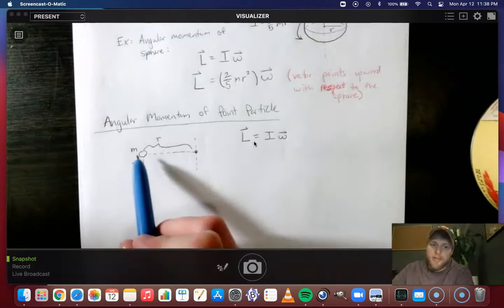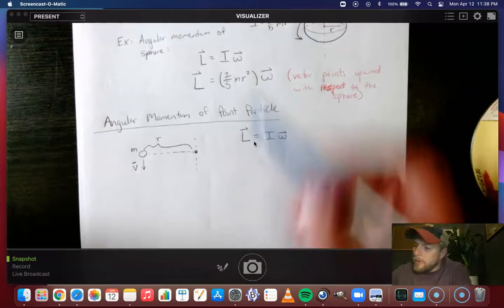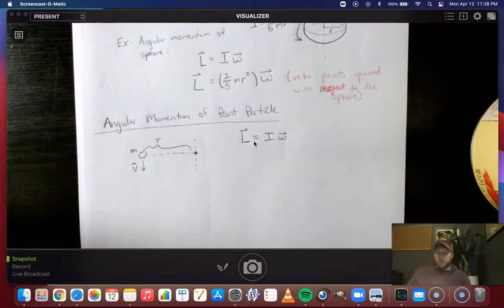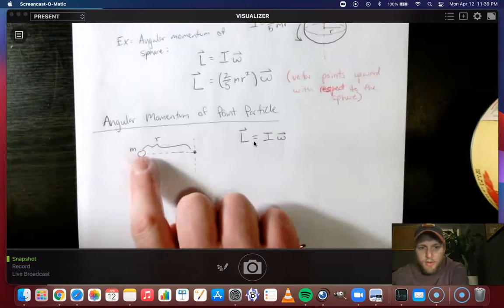Even though this thing is moving in a straight line, it has angular momentum with respect to this point. For example, the planets in our solar system, moment by moment, are moving in a straight line as they go around the sun. They also have angular momentum. So we want to be able to figure out what that is.